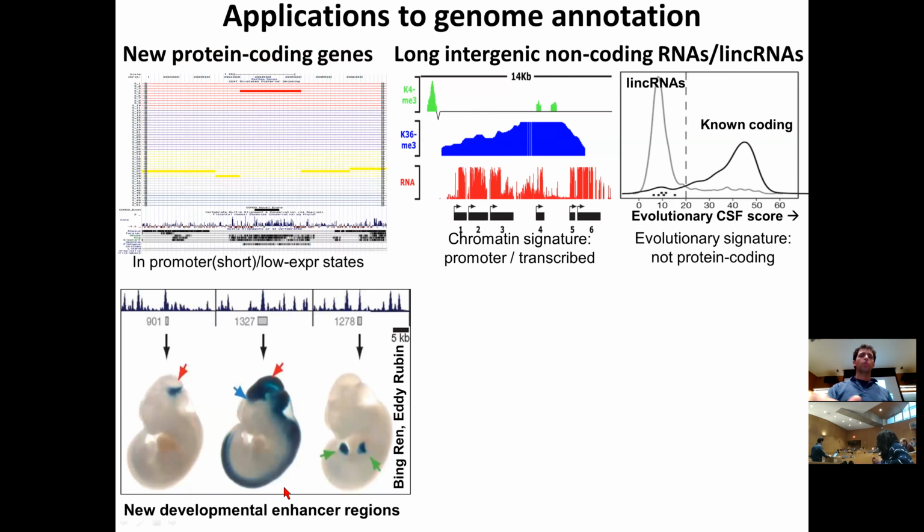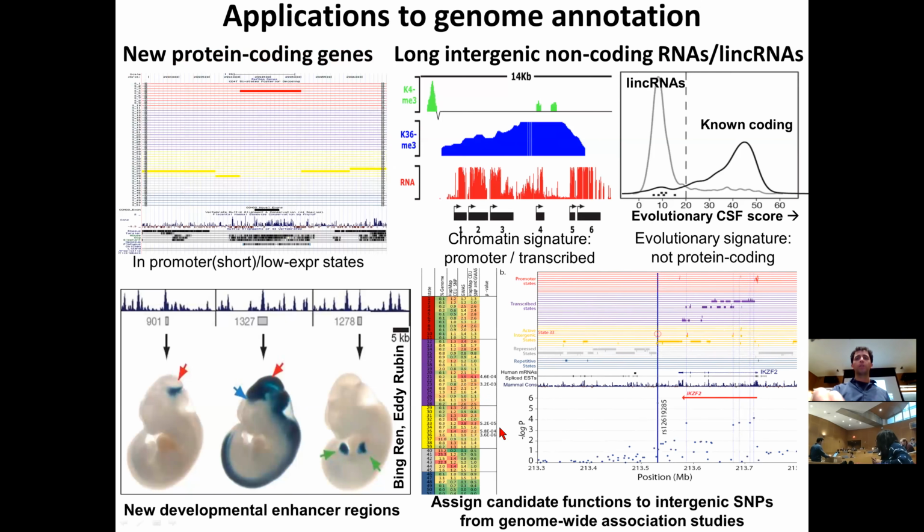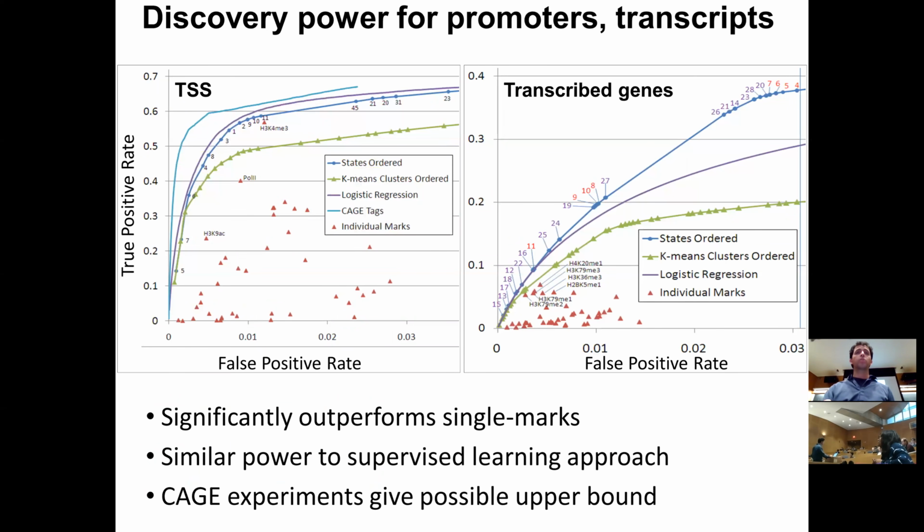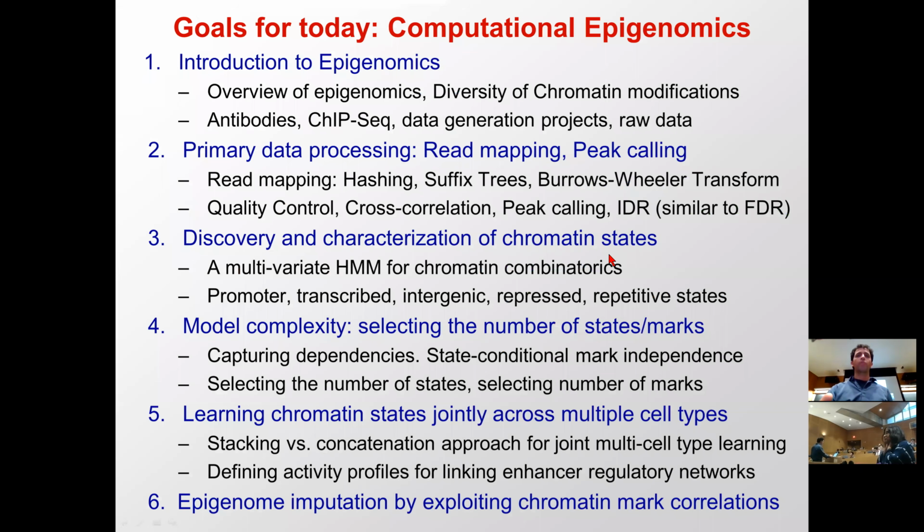We found new developmental enhancer regions. We found candidate regions from genetic association studies that we can now annotate as putative regulatory regions. And we basically discovered that we can, in fact, recover promoter regions and transcribed regions with very, very high accuracy.